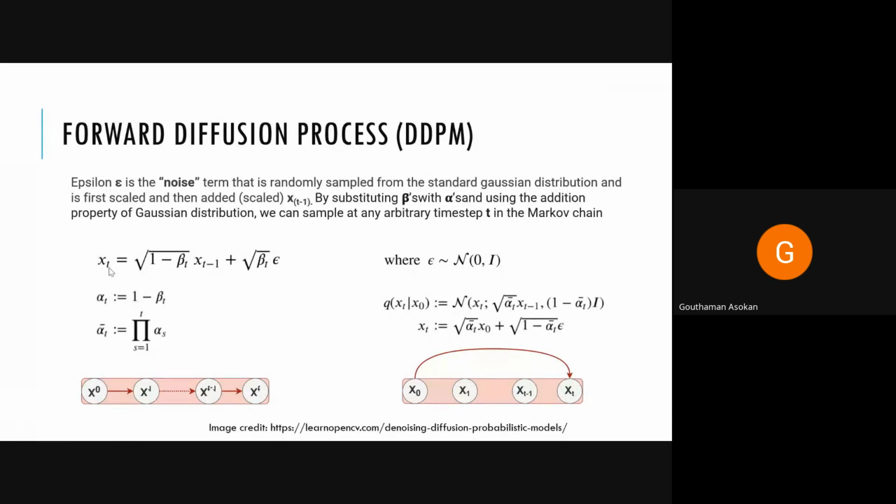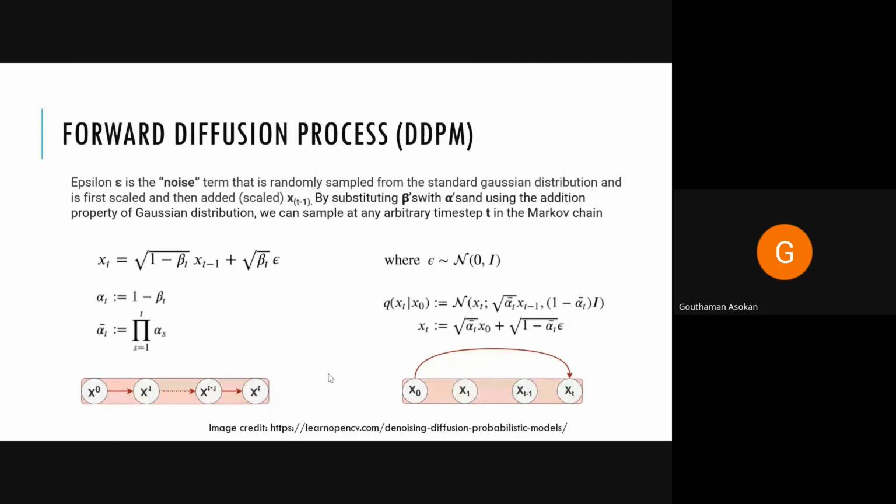Another important thing to note here is that we will be iteratively noising the image. There will be a clean image, and we go to x1, x2, x3, up to xt. Let's take, for example, that xt is the final, completely noised image.